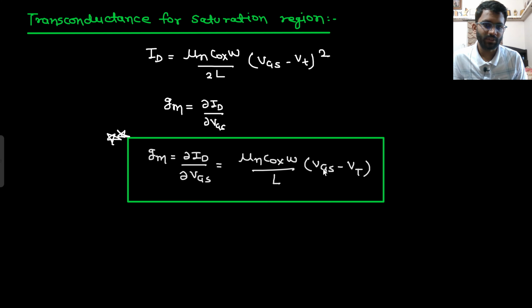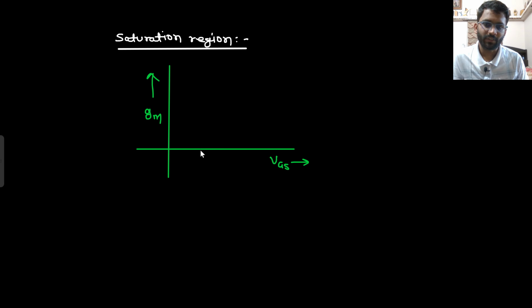Mu n Cox, some constant value, times VGS minus VT. So after Vt it will start. Before Vt the Gm will be 0. Why so? Because when VGS is lower than Vt, the current will be 0, so there is no meaning of Gm. It will be 0. After that a linear expression is there.